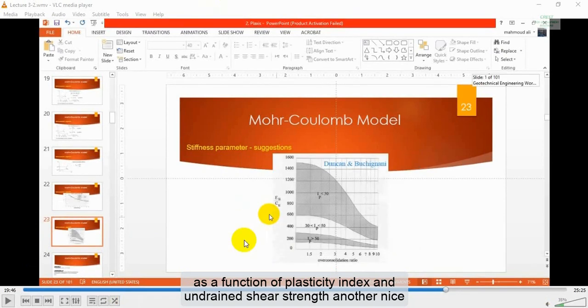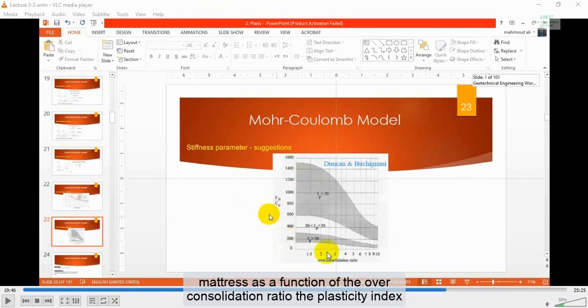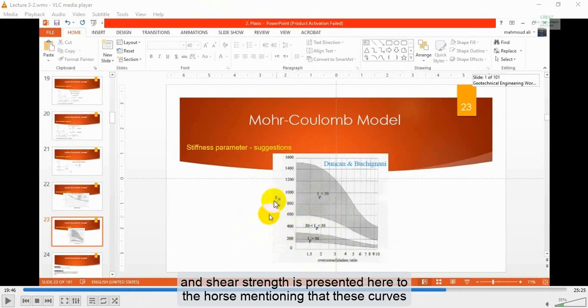Another curve developed by Duncan and Buchignani determines the undrained Young's modulus as a function of the over-consolidation ratio, the plasticity index, and the undrained shear strength, and is presented herein.